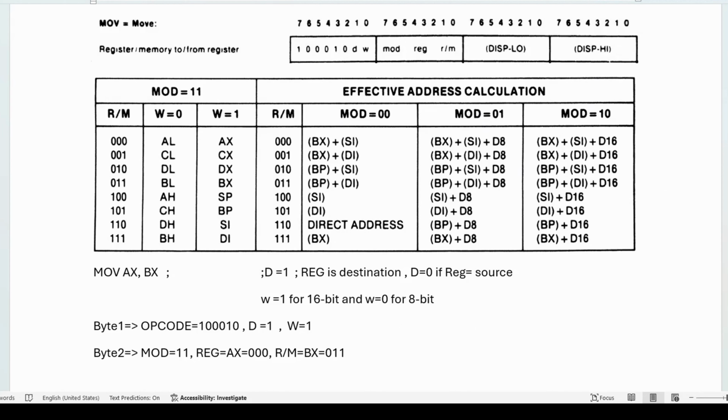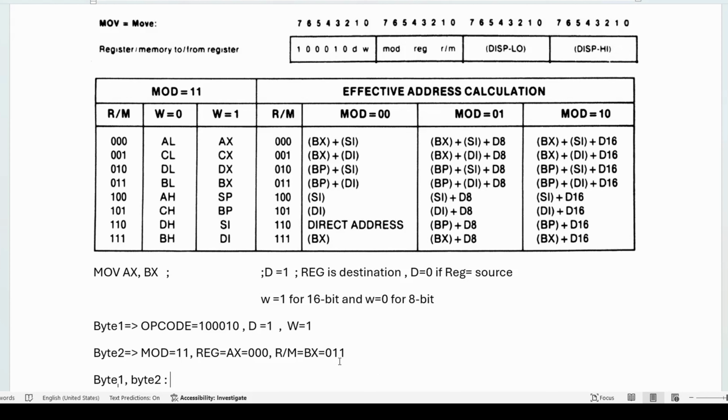So for this instruction, our conversion is complete. It will be only byte 1 and byte 2, because there is no need for displacement low and displacement high. If I write in binary byte 1 comma byte 2, I'm just going to write it in binary format, whatever we have coded.